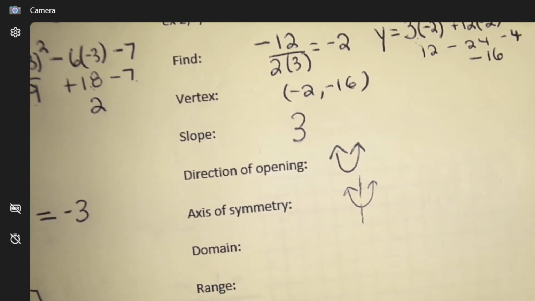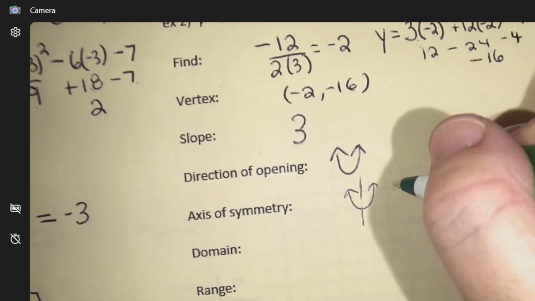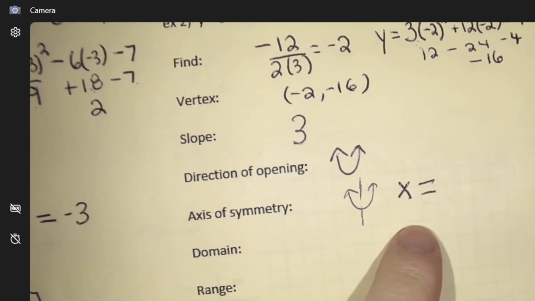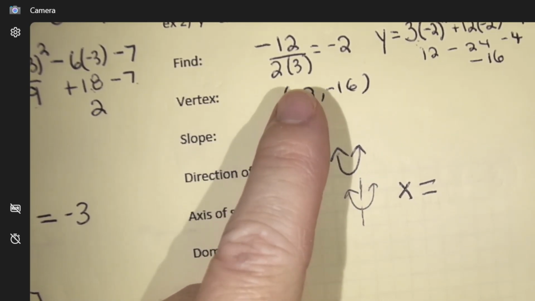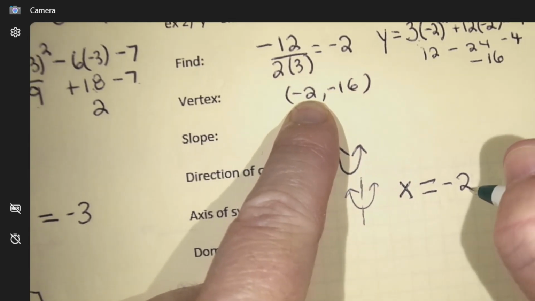So a line is an equation. So you need something equals something. Vertical lines are x equals, because everywhere you go on that line, you are at the same x value. And the x value you're going to go through is negative 2.